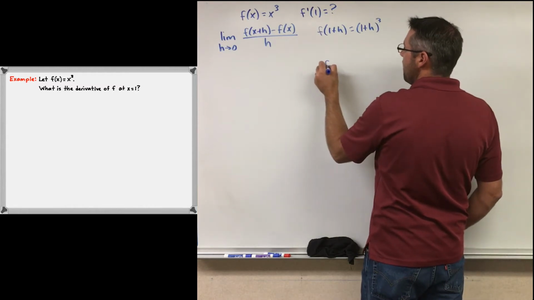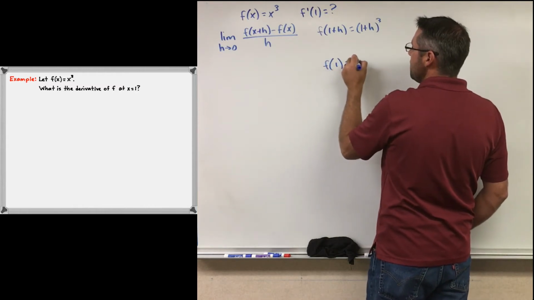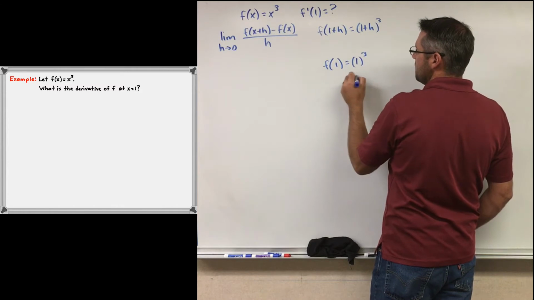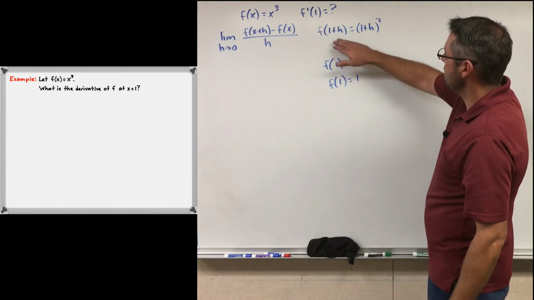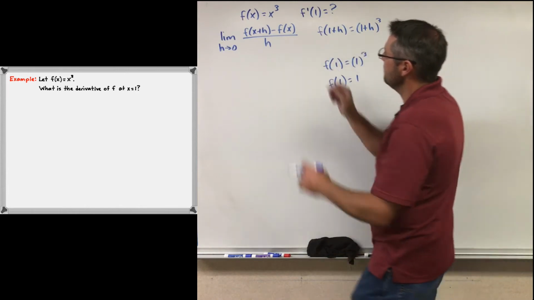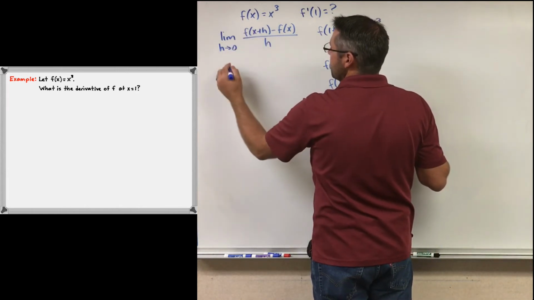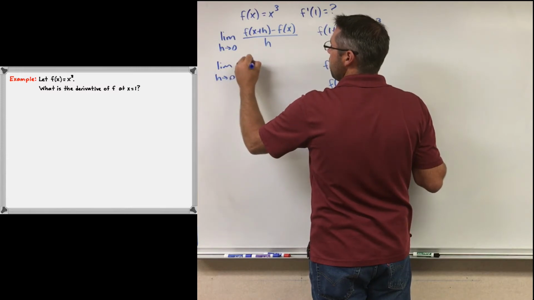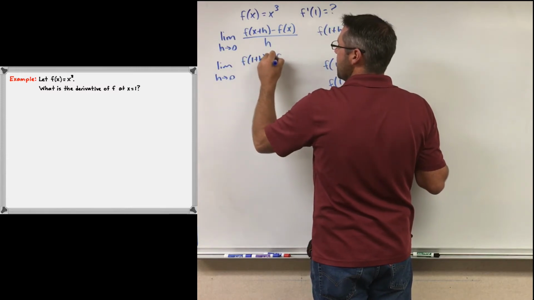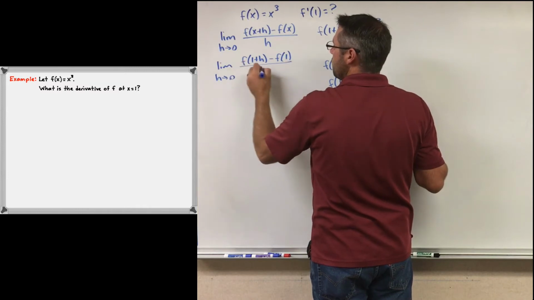And then f of 1 is going to be 1 cubed, which is 1, okay? So we have our second coordinate, f of 1. Now we need to figure out what this is. Let me go ahead and change this. So instead of x, we're going to put the limit as h approaches 0 of f of 1 plus h minus f of 1 all over h.